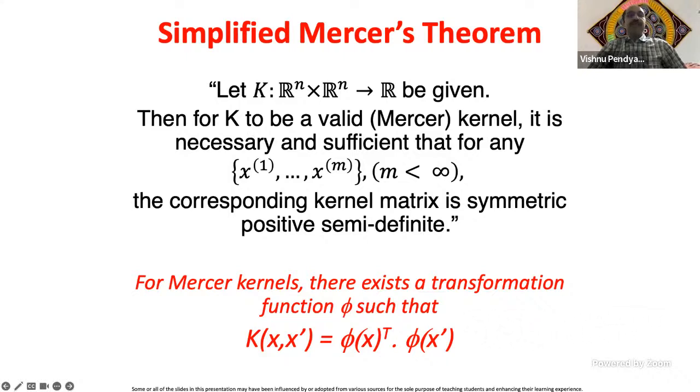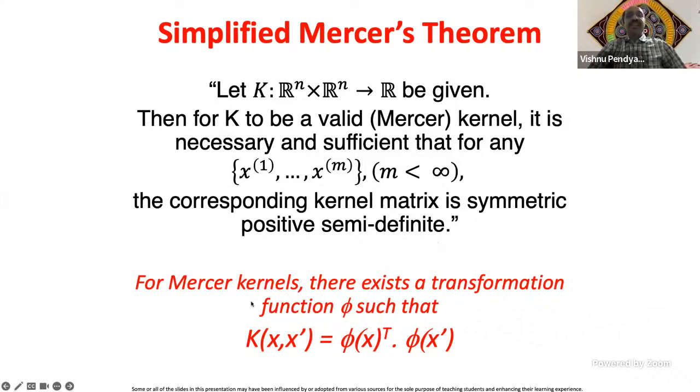Then for k to be a valid Mercer kernel, it is necessary and sufficient that for any finite number of vectors, the corresponding kernel matrix is symmetric, positive, semi-definite. So if you are able to prove that the kernel matrix is symmetric, positive, semi-definite, then it is a valid kernel.